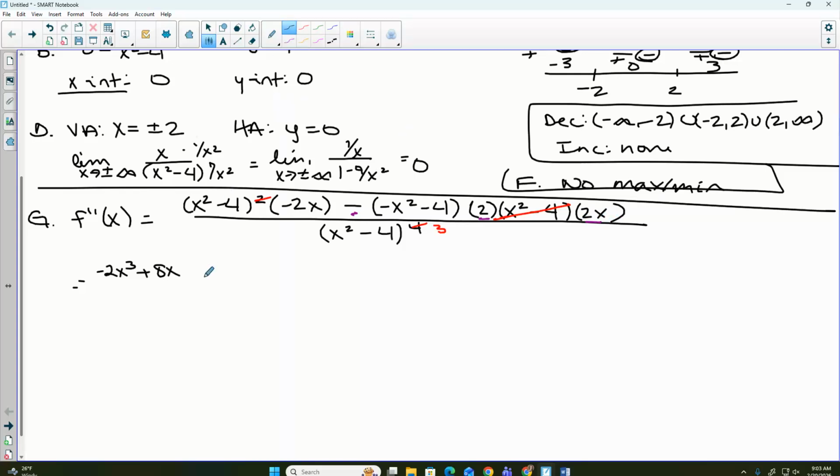So that would be plus 4x cubed plus 16x. Oops, so we get 2x cubed plus 24x, over x squared minus 4 cubed. If you wanted, we could take a 2x out of the top.